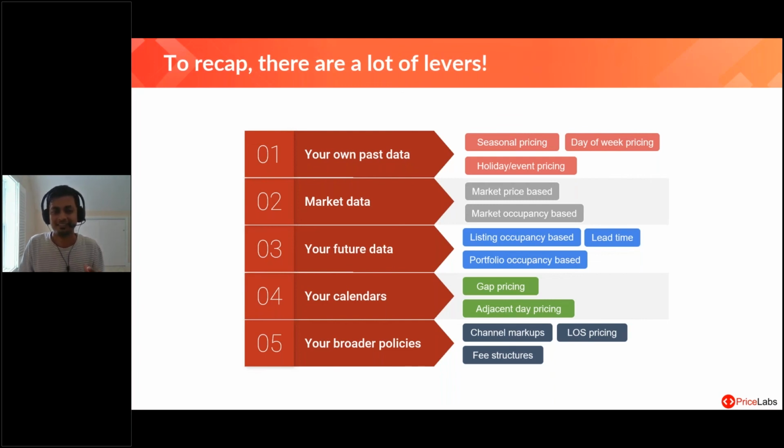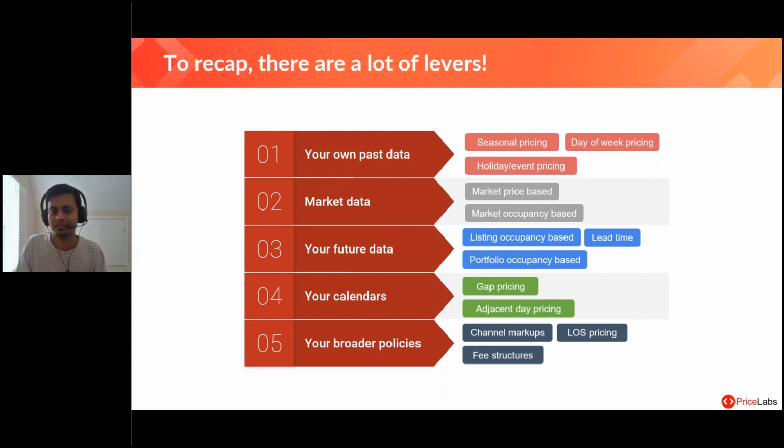My general recommendation is get as much data as you can lay your hands on. Look at your own portfolio, where it's performing well, where it's not performing well, and choose one of these to start with. One of the things that can happen very easily is you drown in all of this and then not know where to go with it.